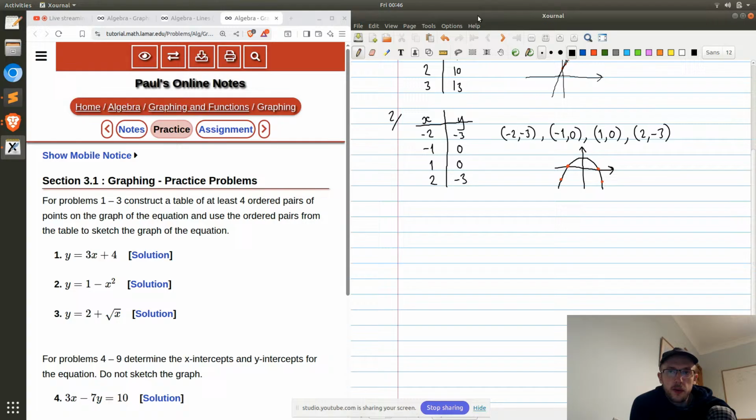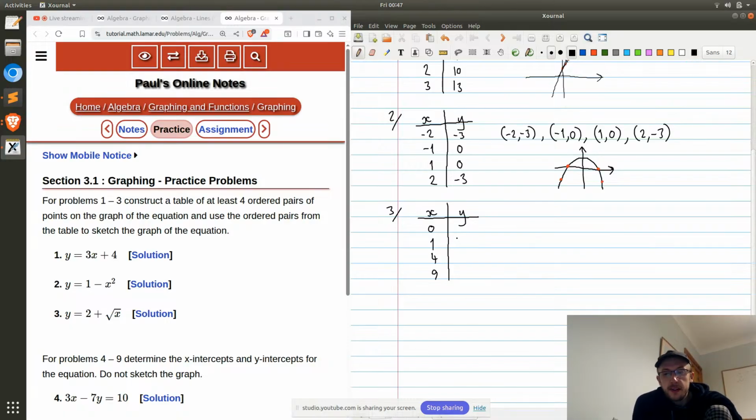So now onto the third one. This is 2 plus the square root of x, so I will not put in any negative values of x. Instead, I will start from 0 and then put in 1, 4, and 9.